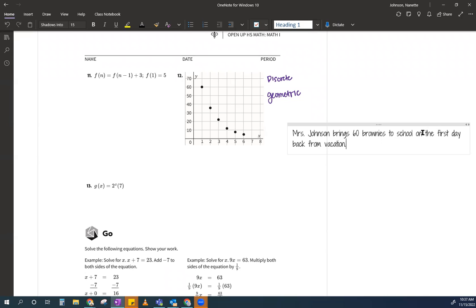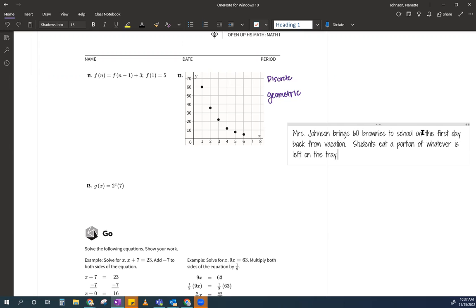How about that? Okay. Students will eat a portion of whatever is left on the tray.